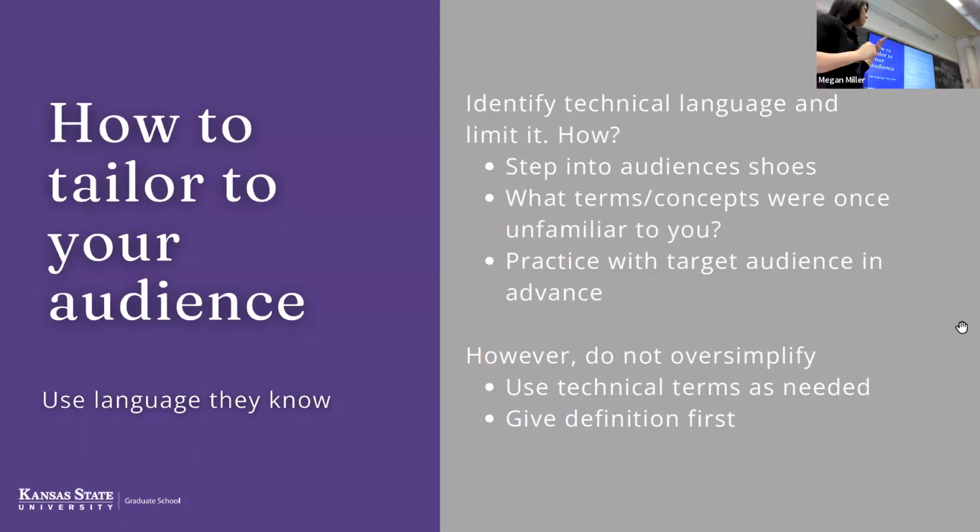But as you're going through this process and identifying language that maybe needs to be replaced or explained differently, you have to find a nice balance of making sure you don't oversimplify, because you want to still demonstrate that the work that you're doing is challenging.